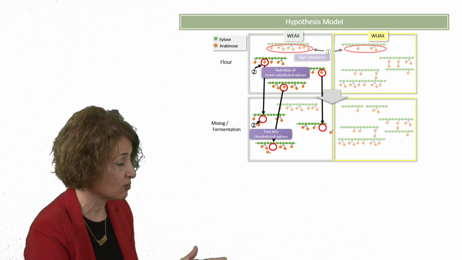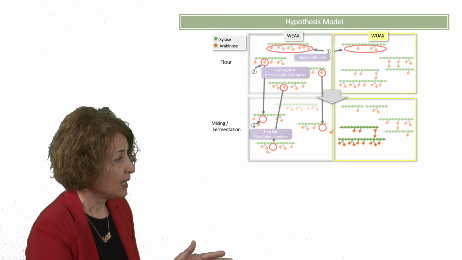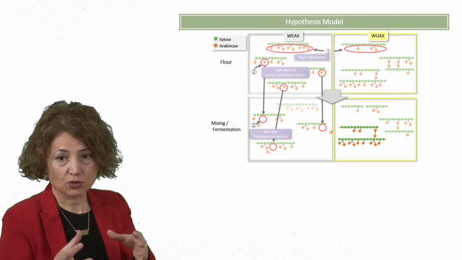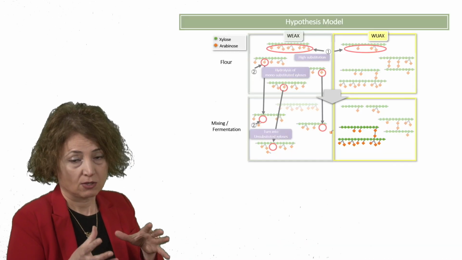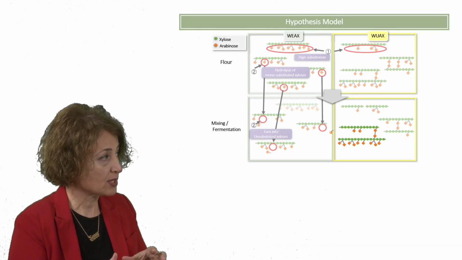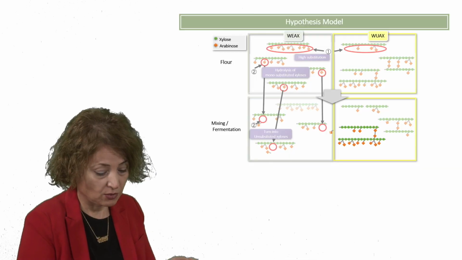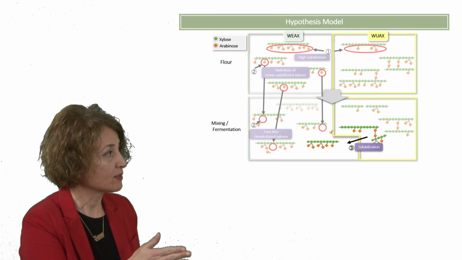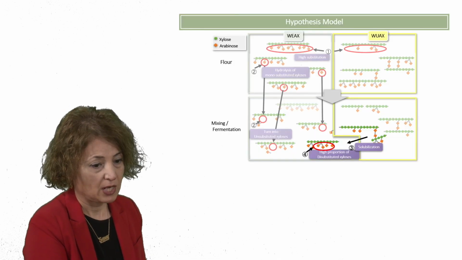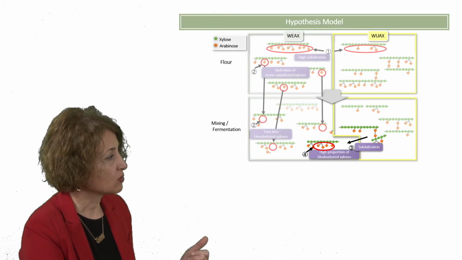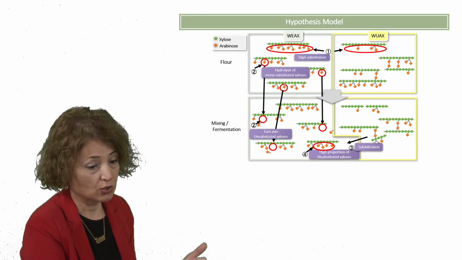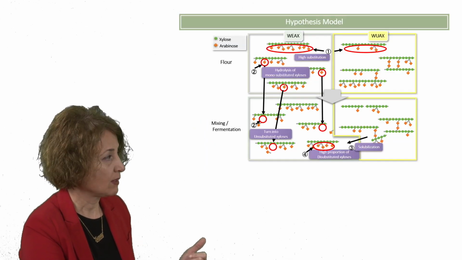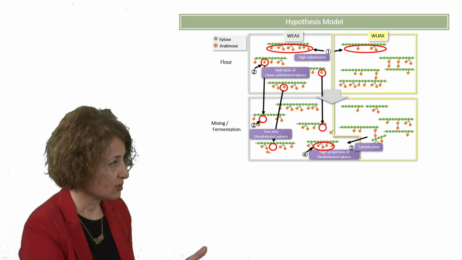The xylose residues are leaving. But then a very highly substituted portion of unextractable arabinoxylan is released because of enzymatic reactions, and they are moving into the water extractable portion. And we were able to control and monitor these changes using, again, advanced chemistry technologies.